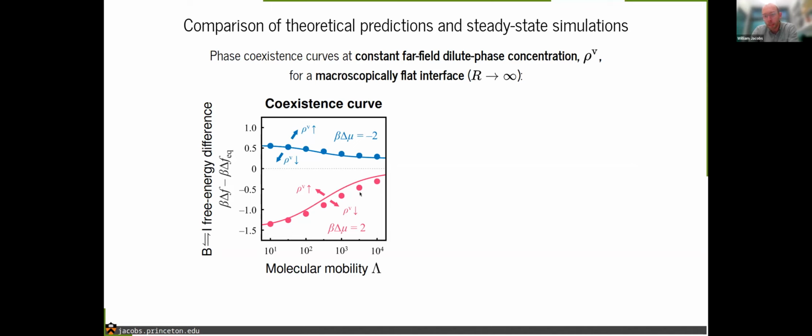And that's shown by these points from simulations, these curves from the theory, under two different conditions as you change the mobility of the molecules. So molecules move much more quickly by comparison to reactions as you move to the right on this plot.